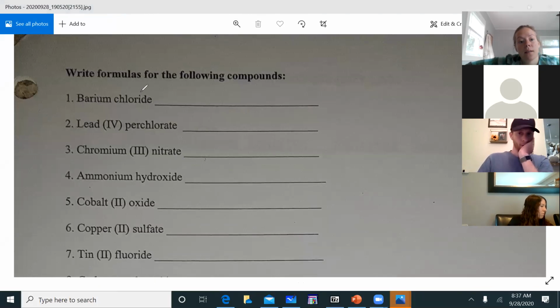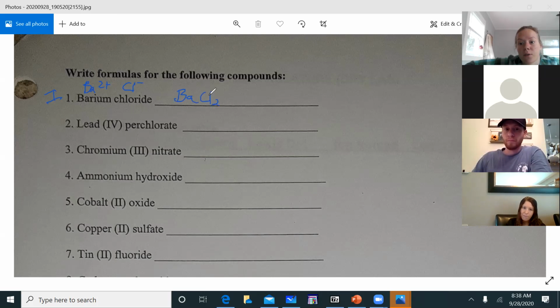So for this first one, I need to determine, is it molecular, is it ionic, what's going on? This is ionic. So I need to be doing charge balancing. Barium always has a 2+ charge. Chlorine always has a -1 charge. Flip flop, BaCl with a 2. The 2 is coming from the charge over here.